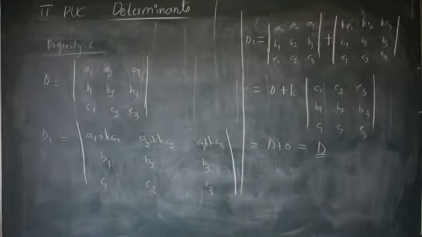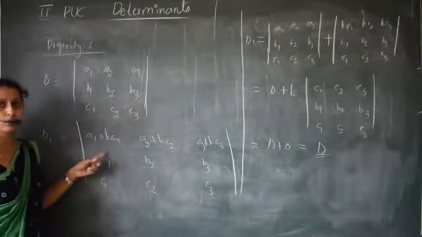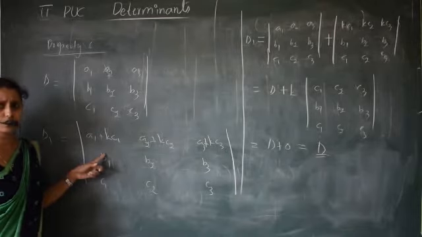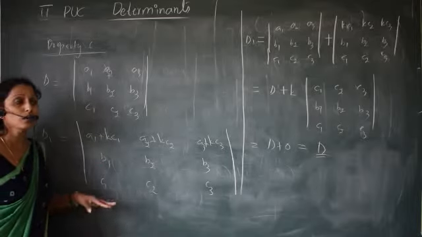So one more thing you have to note down here. Not only this operation, the third operation, we have used. Similarly we can use other operations also. First, we can interchange. Already we have that property: when we interchange, the determinant value changes its sign.